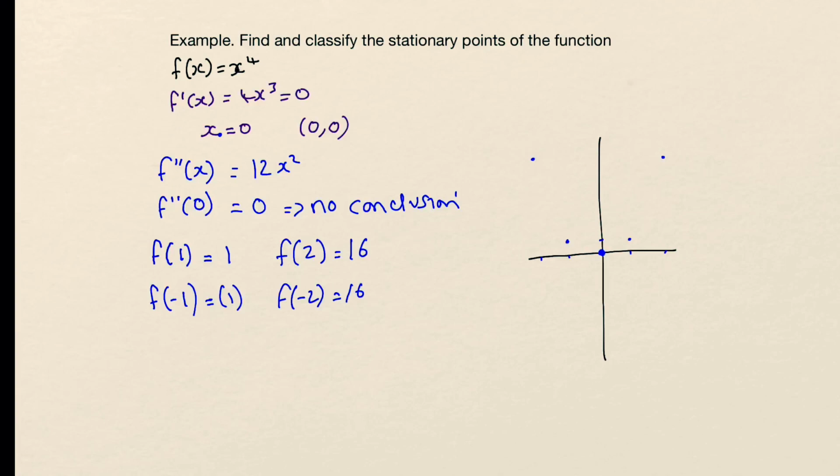So here we can sketch our graph, and you can see that it is a minimum at the point (0, 0). And that's how we deal with the second derivative being 0.